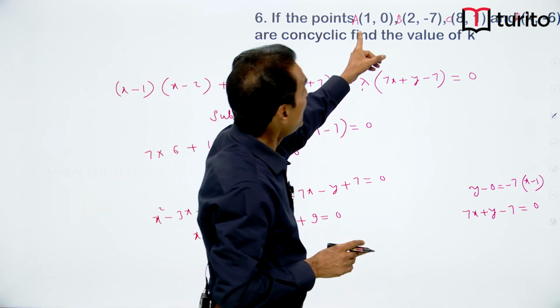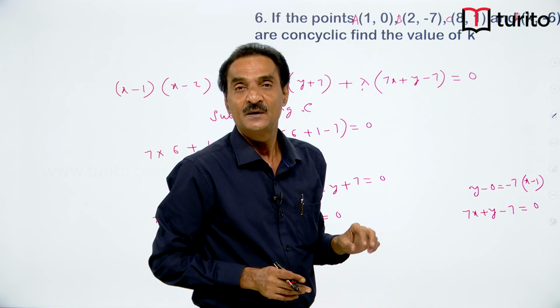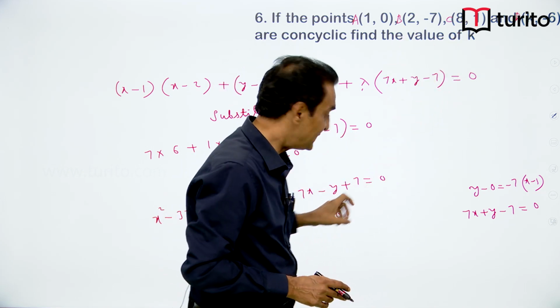It is given that A, B, C, D are concyclic. So, point D must satisfy this equation.